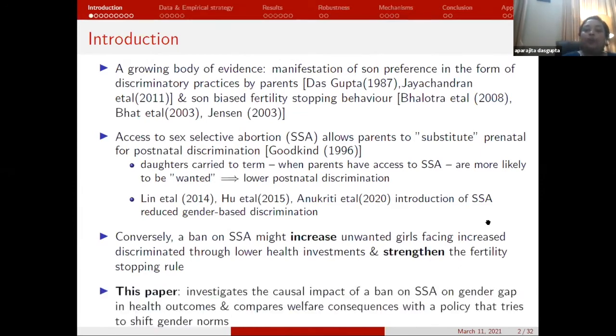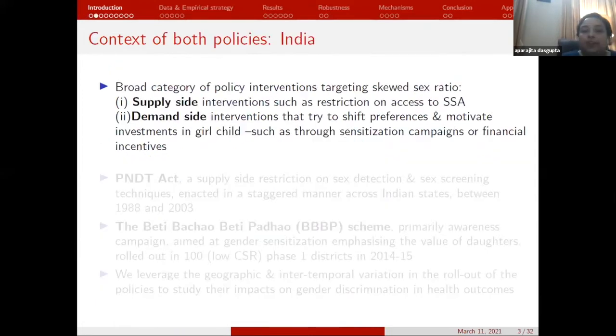So this paper investigates the causal impact of the ban on sex selective abortion in India on the gender gap in health outcomes, and compares welfare consequences with the policy that tries to shift gender norms. So let me give you the context of both policies that we study in India.